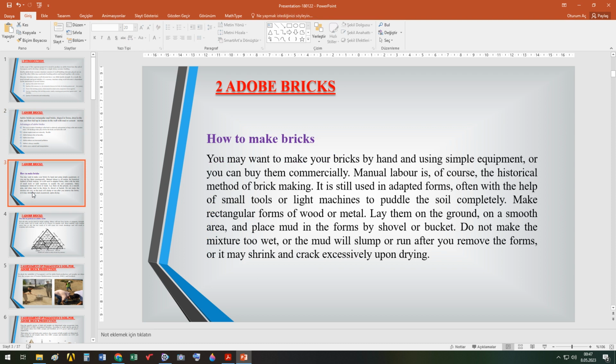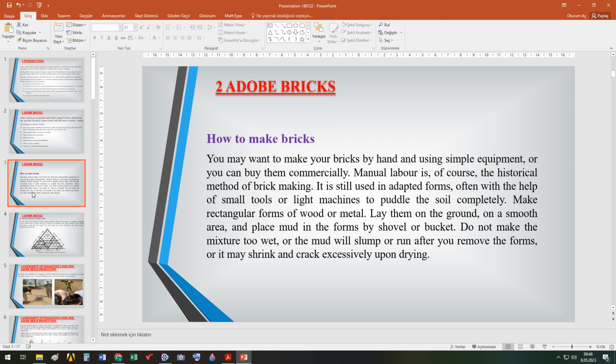Adobe bricks. How to make bricks? You may want to make your bricks by hand using simple equipment, or you can buy them commercially. But generally, everyone produces the adobe bricks by himself or herself because of money. Manual labor is, of course, the historical method of brick making.